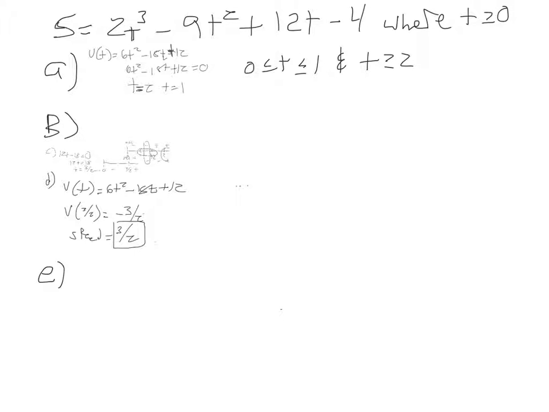T equal 3, I'm at 5. And at t equal 4, I'm at 28. Again, all I did was put these times back into the position function. Not the velocity function, not the acceleration function, but back to the original position function.